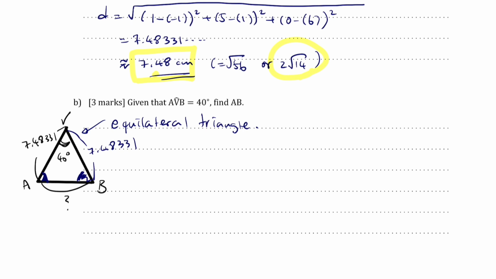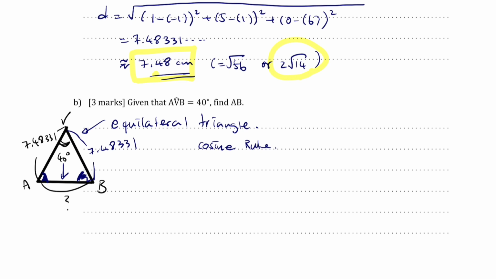Because since we know the angle, and we are just trying to find the opposite side from that angle, and we also know the two neighboring sides, we can just use the cosine rule to calculate this missing part, right?